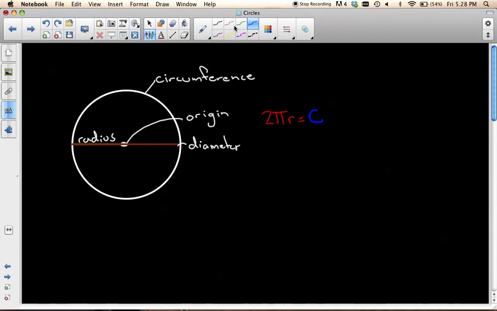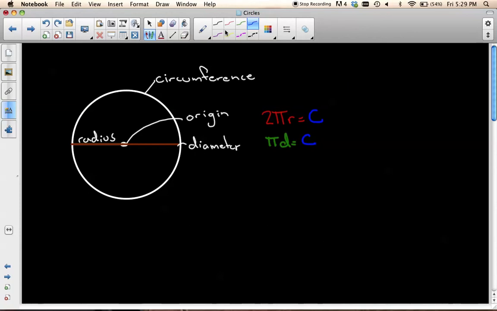Now, if we have the diameter, our formula will be pi times the diameter, and that will also give us the circumference.